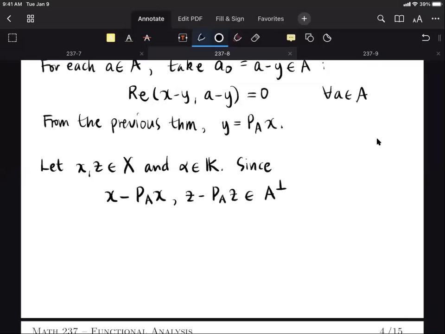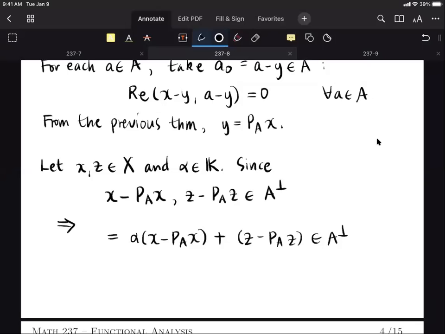Knowing that the orthogonal complement is a subspace, this implies that the linear combination, alpha times x minus its projection, plus z minus P_A z, must be in the orthogonal complement as well.